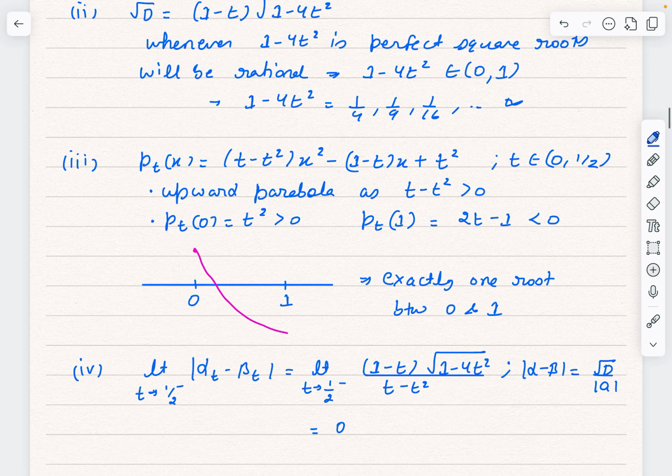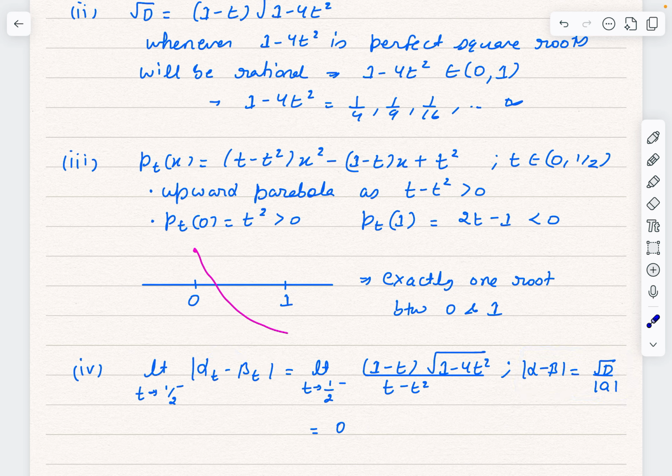And option D. In option D, they're asking the limit as t tends to 1/2 from the negative side of |α(t) − β(t)|. We have a direct formula for the difference of roots, that is √D divided by |a|, where a is the leading coefficient, the coefficient of x².